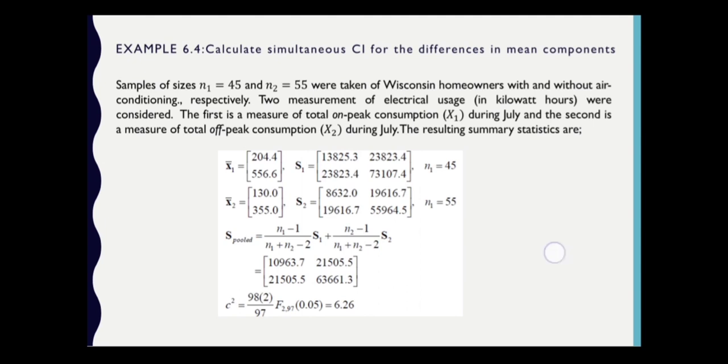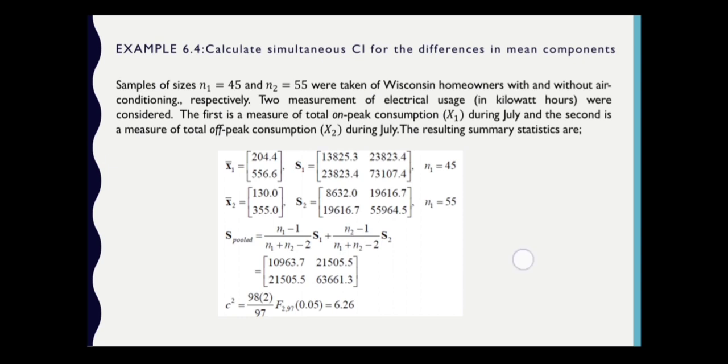So we have two populations, homeowners with air conditioning and homeowners without air conditioning. Two measurements of electrical usage were considered. The first is a measure of total on-peak consumption. The electrical usage on-peak consumption will be X1, and the electrical usage for the off-peak consumption will be X2.